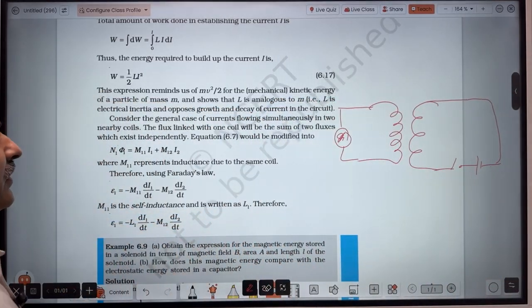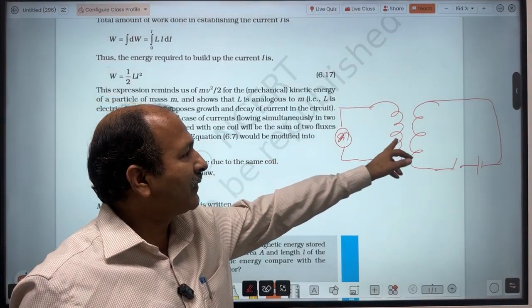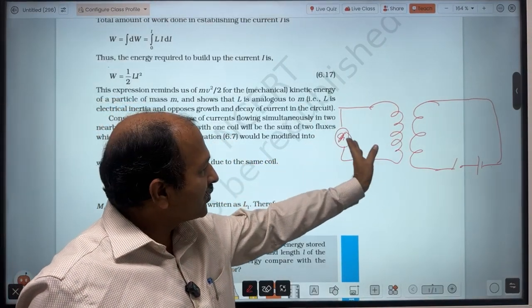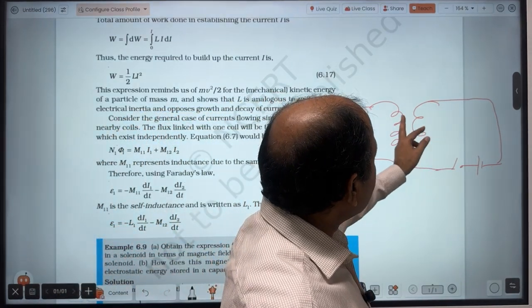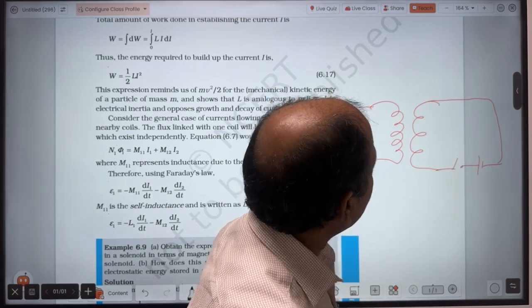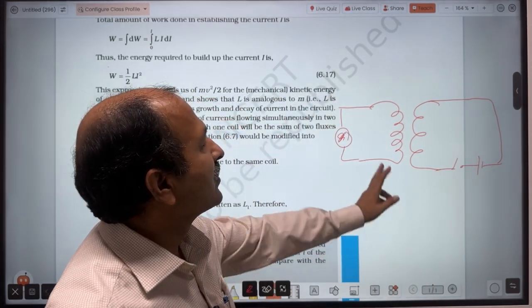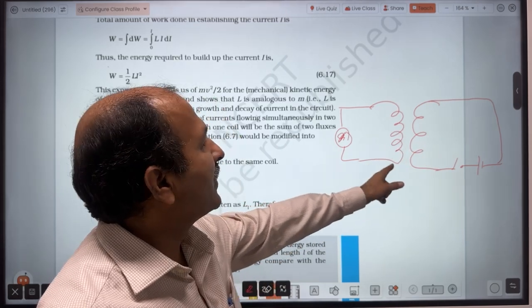In that case, what will happen? When current flows through this, flux change will occur due to its own effect, and when current flows in this, then again flux will change in it due to the effect of the second coil. So here we have to take into consideration the two cases. One is mutual inductance, another is self inductance.